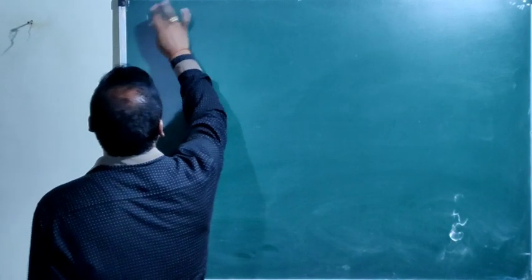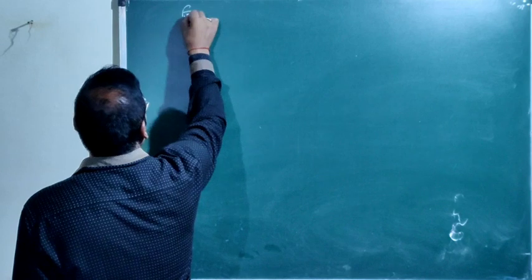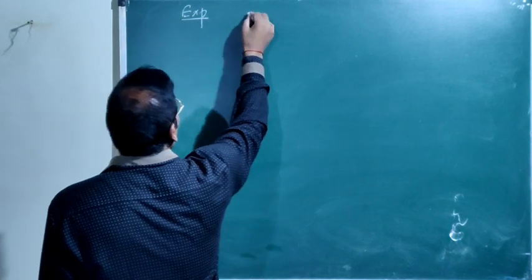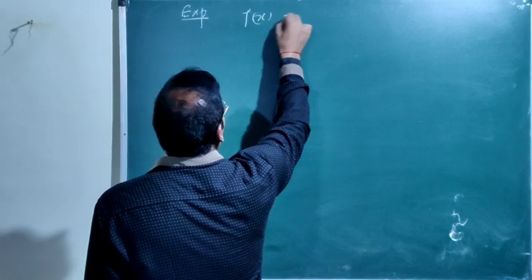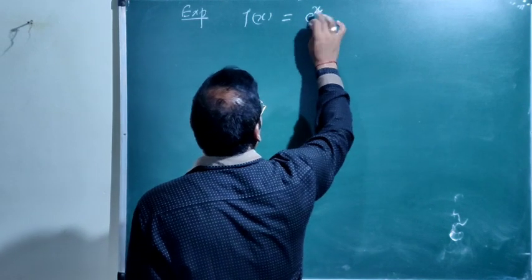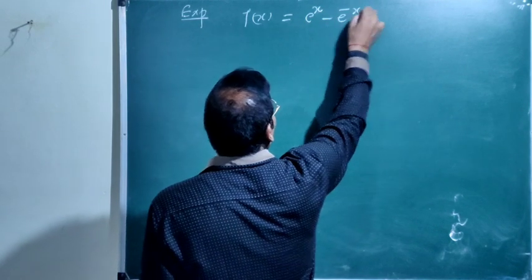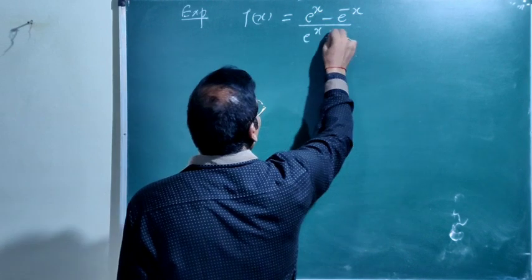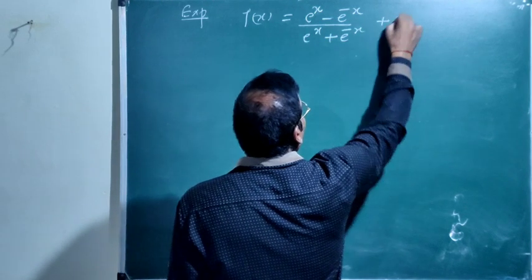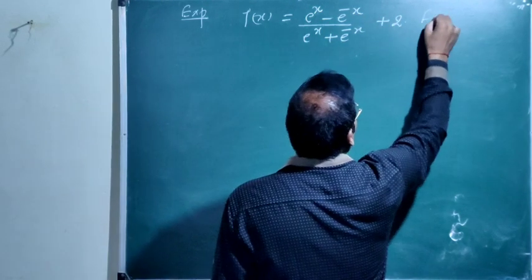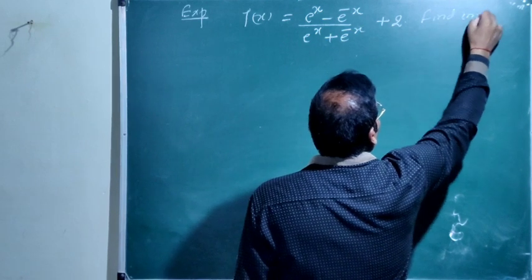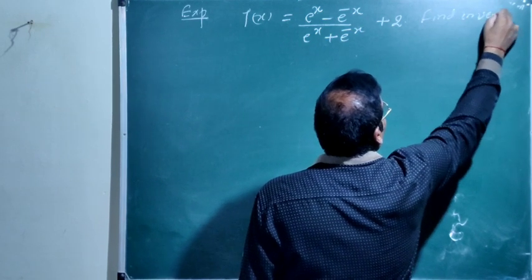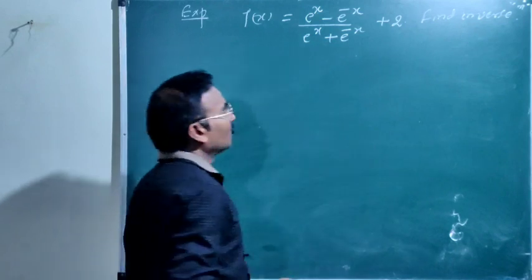Now another example. f(x) equals (e to the power x minus e raised to minus x) upon (e raised to x plus e raised to minus x) plus 2. Find the inverse.